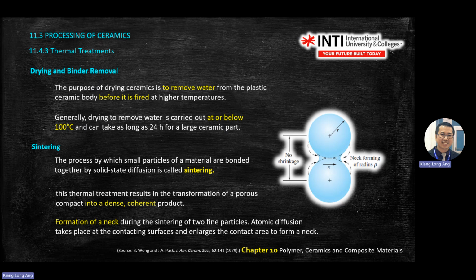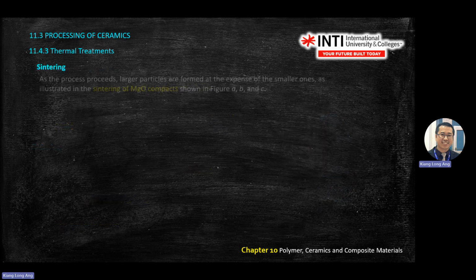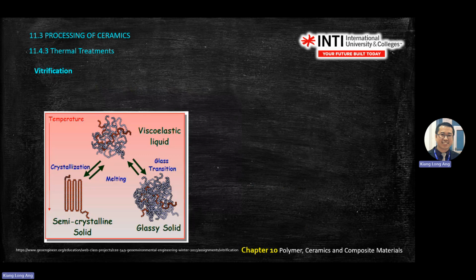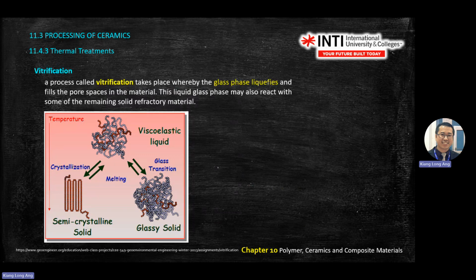It's like a glass, they bond together. Under the microscope, you'll see some bubbles joined together when they do sintering. Vitrification is where the glass phase liquefies. Here you see some liquid, then when it becomes harder, it becomes crystallized. It can be either this form or this form.